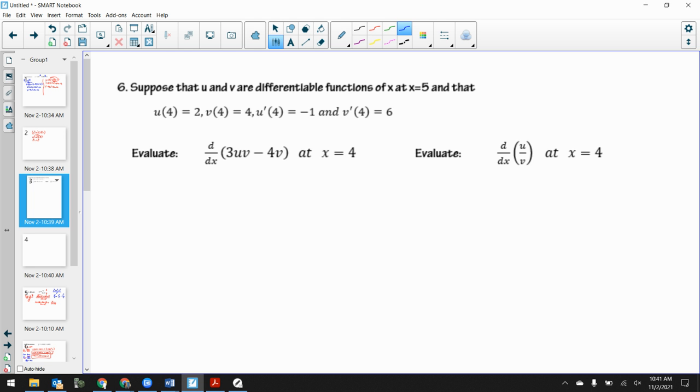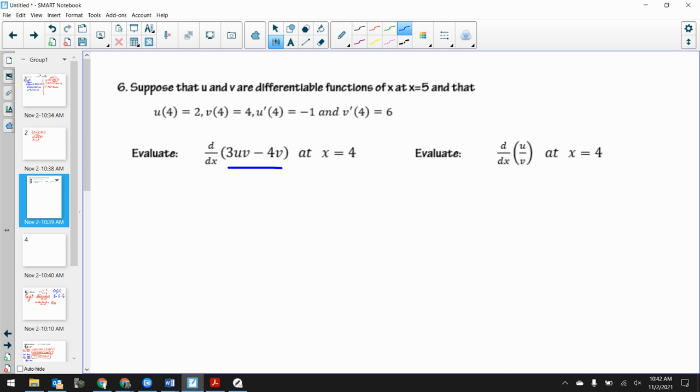This is telling us what to do here. What is this d over dx of this thing telling us? Find the derivative of that, right? That statement is saying, find the derivative of d over dx of 3uv minus 4v. Let's find the derivative of that and then see if this can help us.